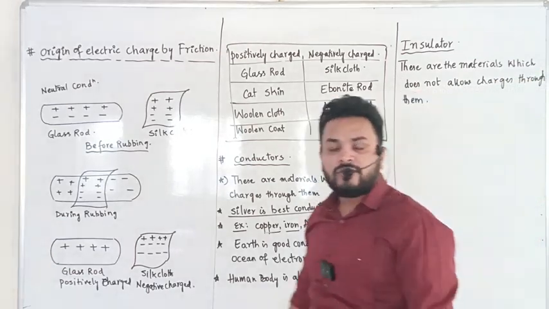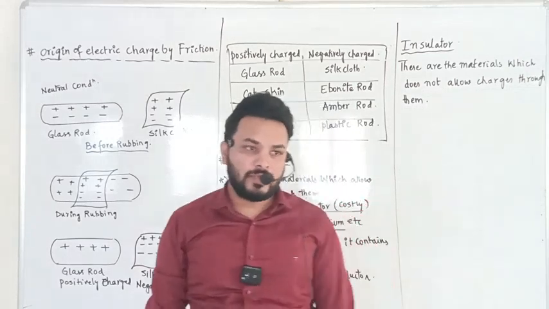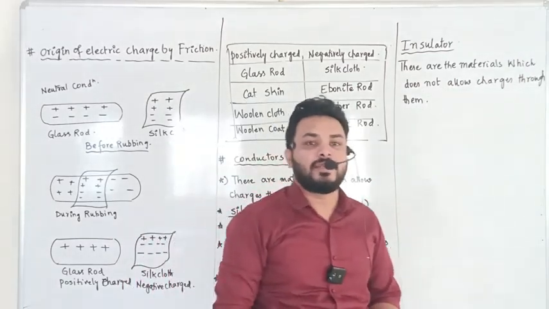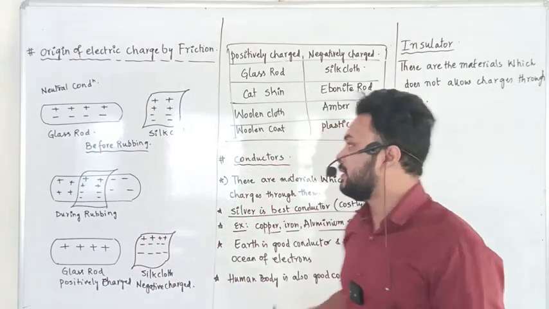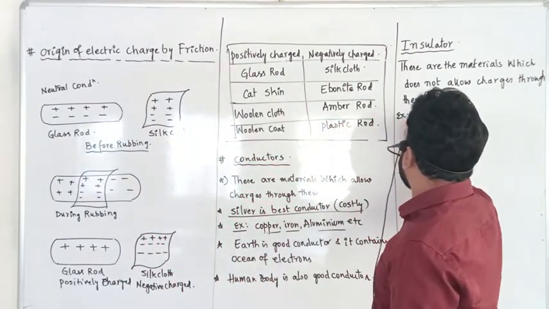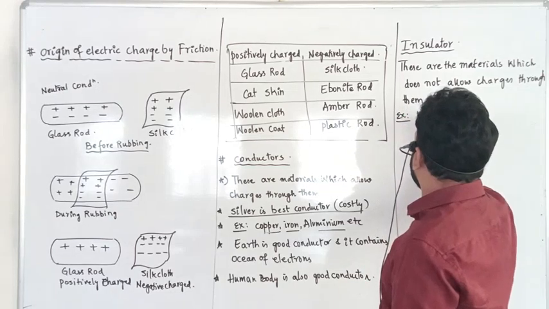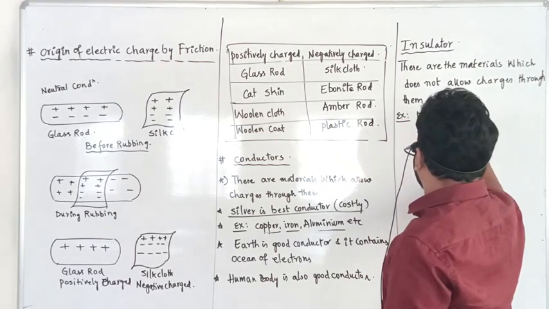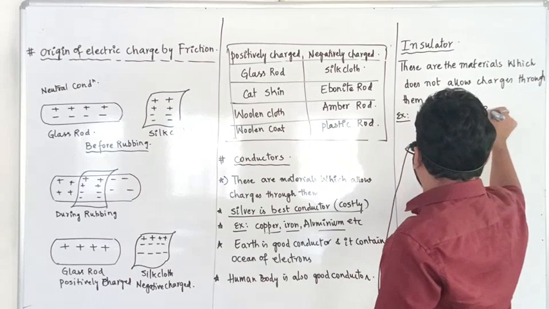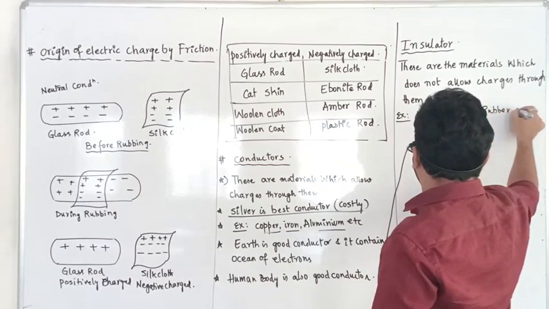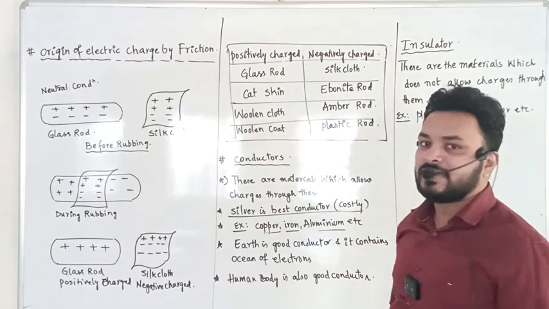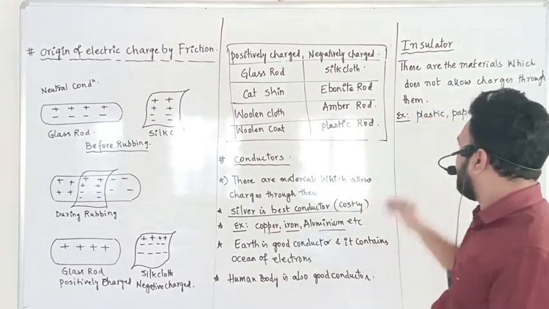Correct now? So when charge is not allowed through a material, we call those materials insulators. What are the examples? Examples are plastic, paper, rubber, etc. Correct now? So these are some of the best examples of insulators.